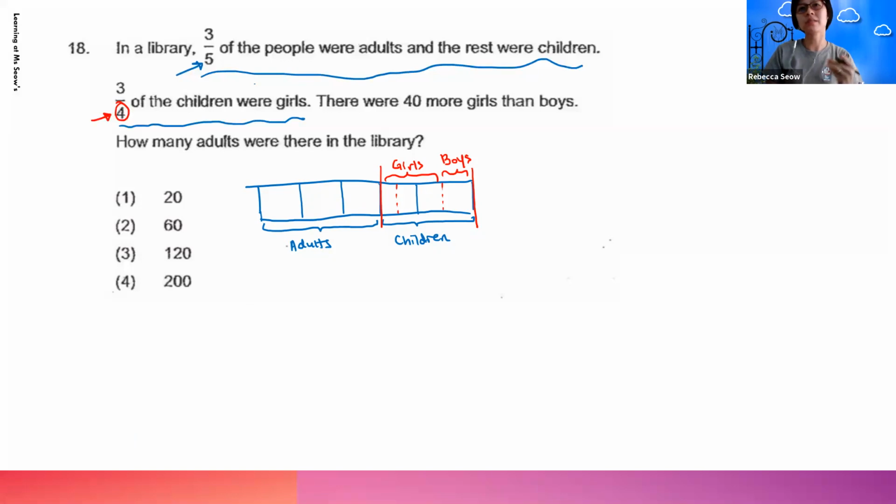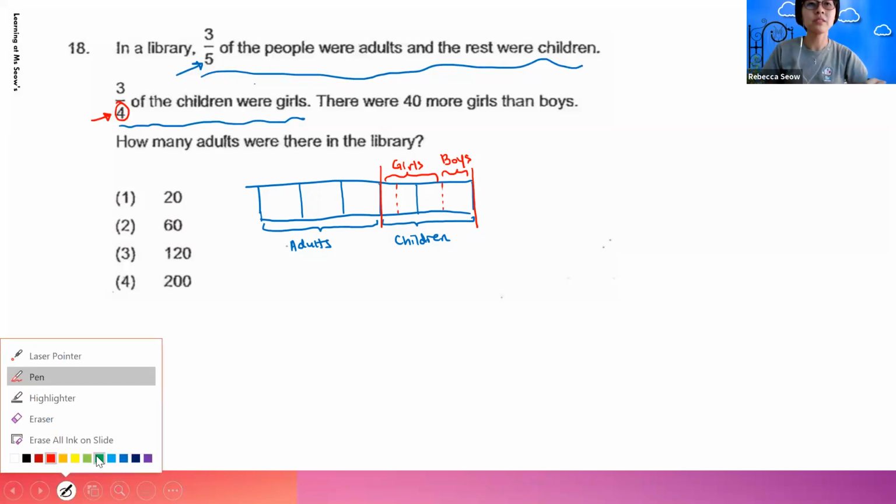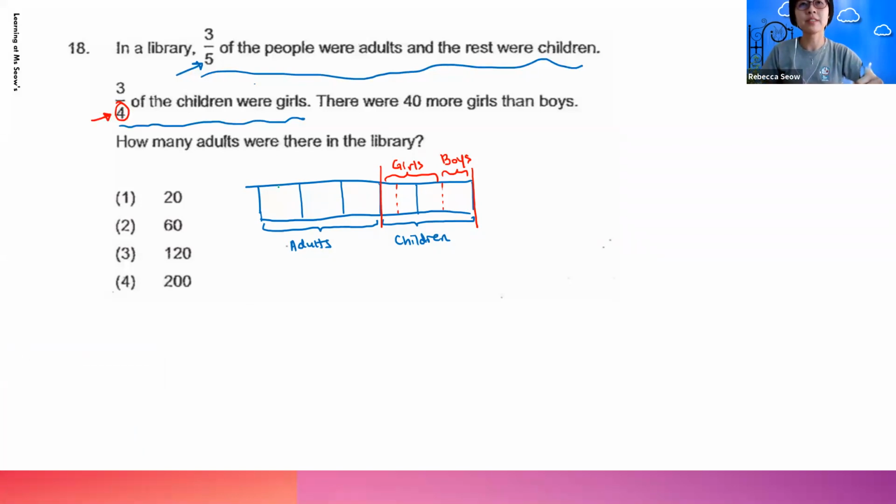So what we could do is resize the bigger units into 2 smaller units. So that will make all the units the same size. So I'm going to halve the units here as well. So adults will make up 6 smaller units. Girls will make up 3 smaller units, and boys will make up 1 smaller unit.